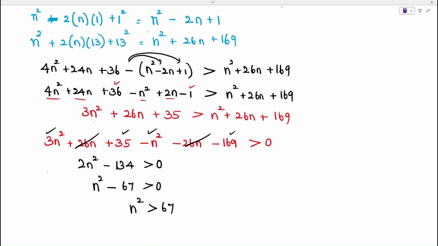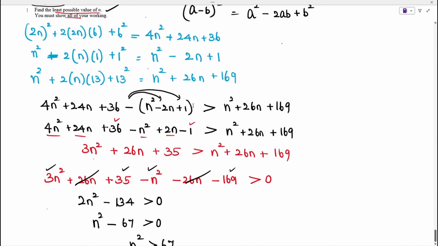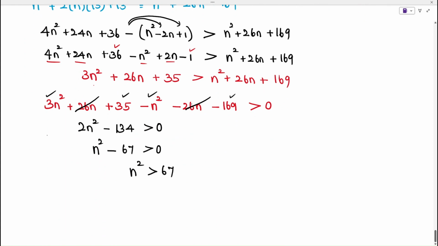Now we know that n is an integer because it says in the question here n is an integer, and we're meant to find the least possible value of n. So we need to find an integer value of n that, when squared, is greater than 67.